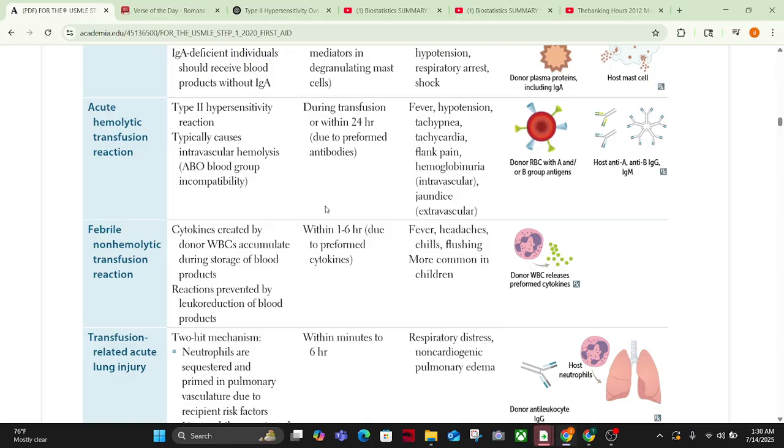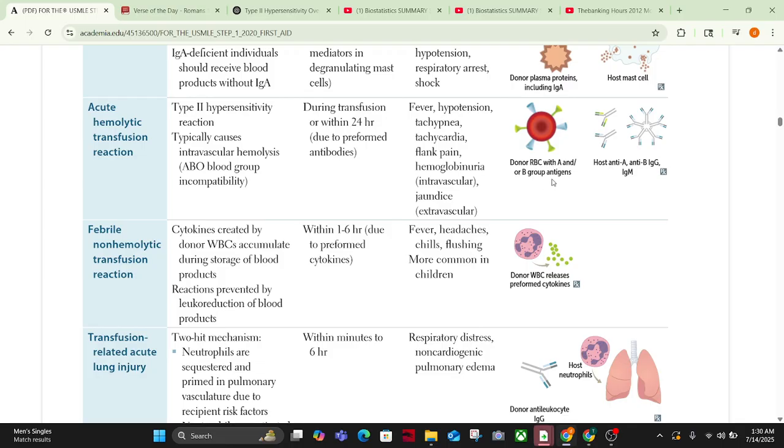So if you have the same kind of antigen with the same type of antibody in the same place, you will get hemolysis. For example, look at this. Here it says donor RBC with A and B group antigens.